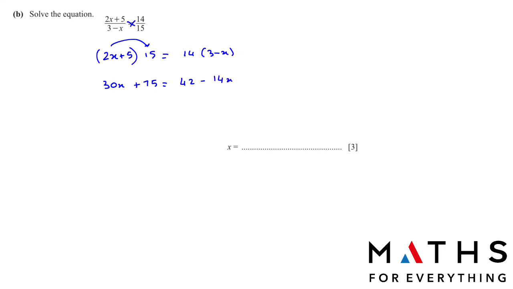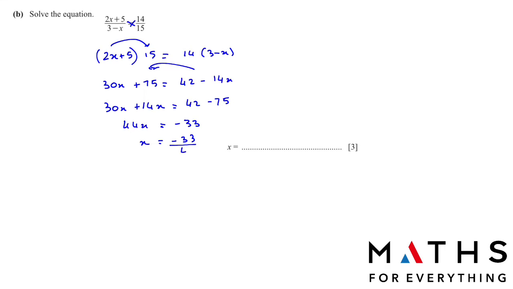The concept is same, bring all your x together and the numbers on one side. So the negative 14x, when I move it to the left hand side, will be positive 14x, and the 75, when I shift it to the right hand side, the sign will change, it will be negative 75. 30 plus 14, 44x is equal to 42 minus 75, negative 33.